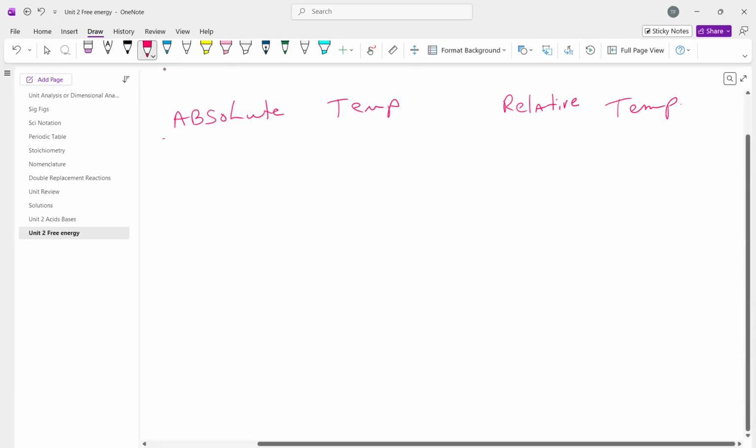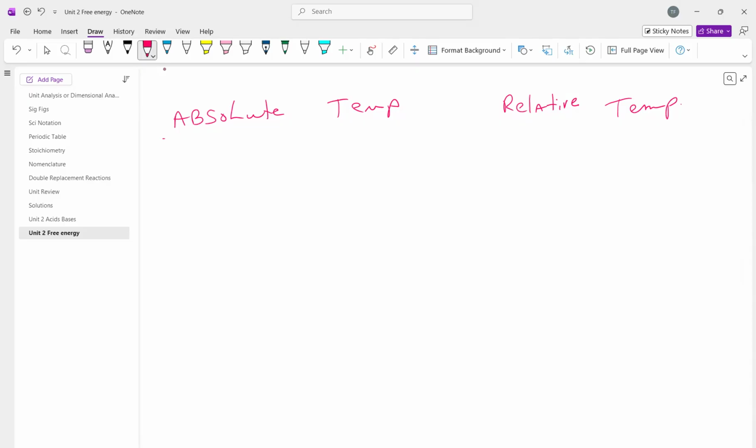The relative temperature is basically what you're used to using, either Fahrenheit or Celsius, F or C. And it's arbitrary.